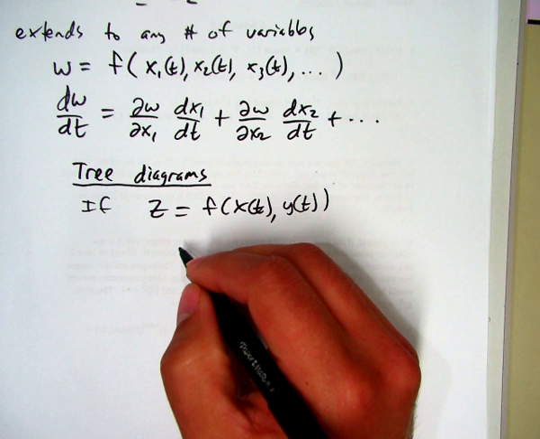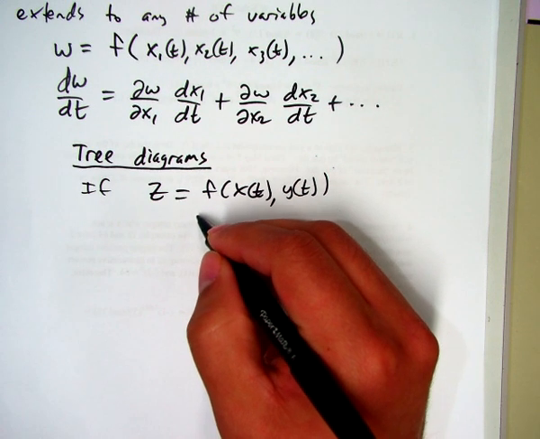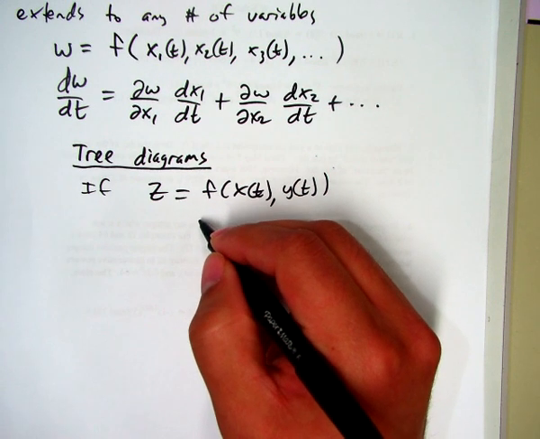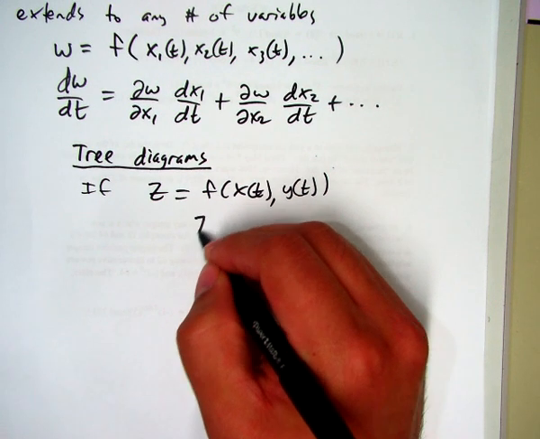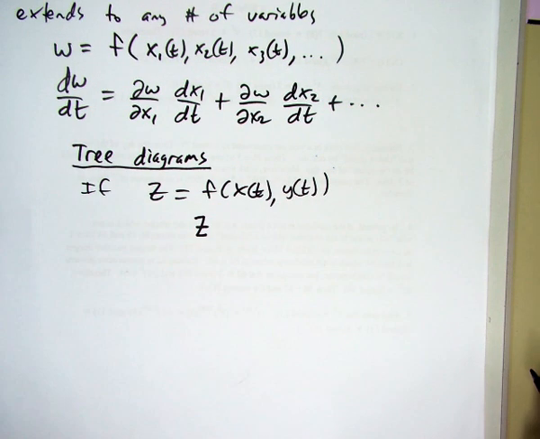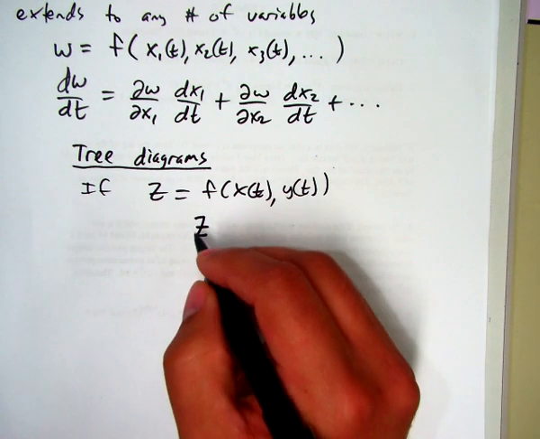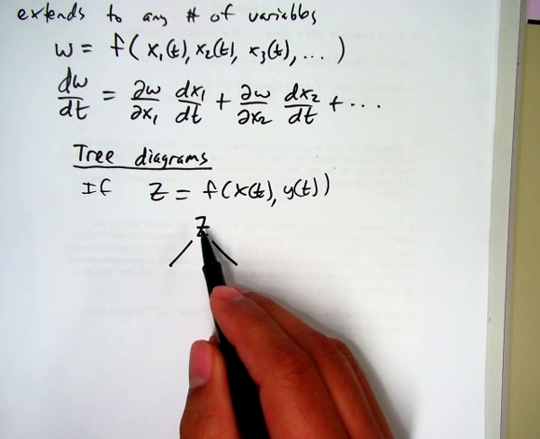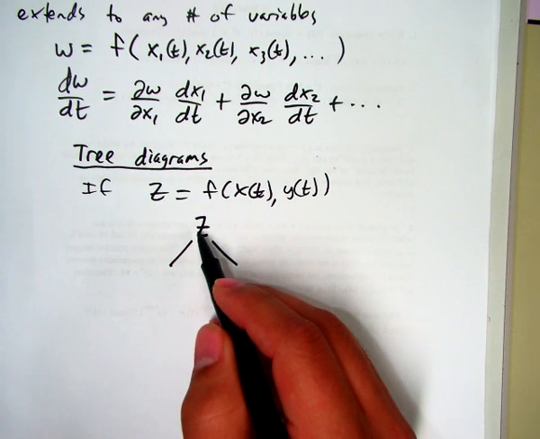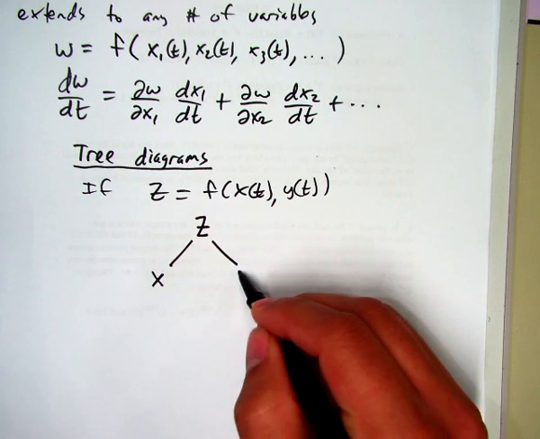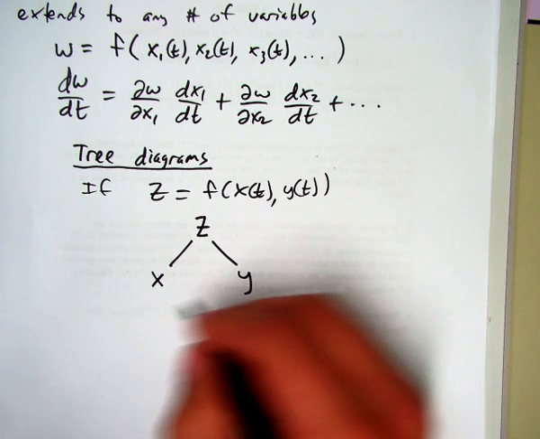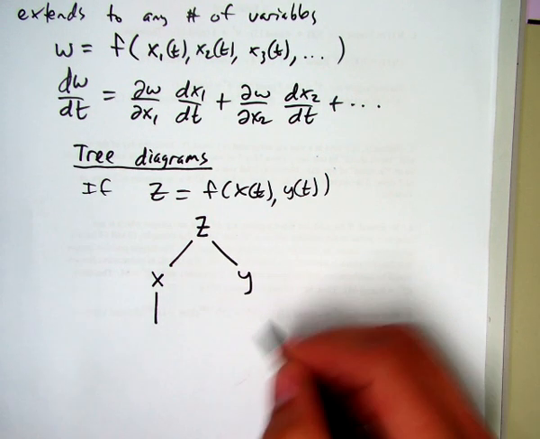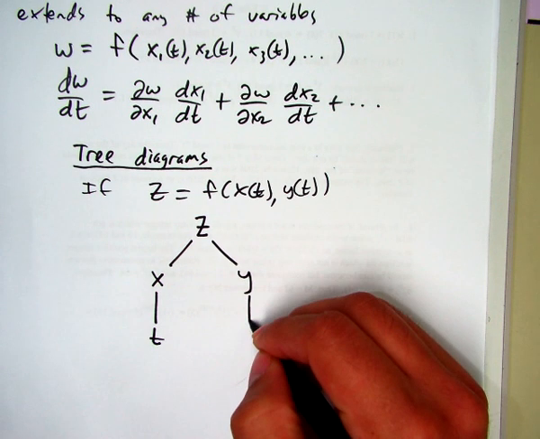then easy way to figure out the chain rule is to start with z, and now kind of use this technique of saying, okay, well, z is defined in terms of x and y, but now x is defined in terms of t, as is y.